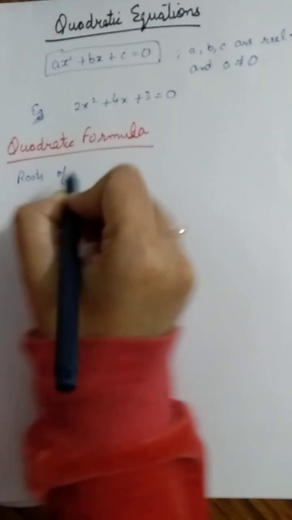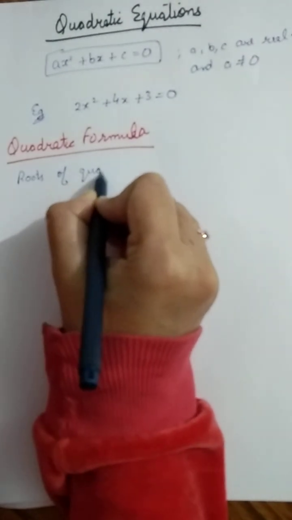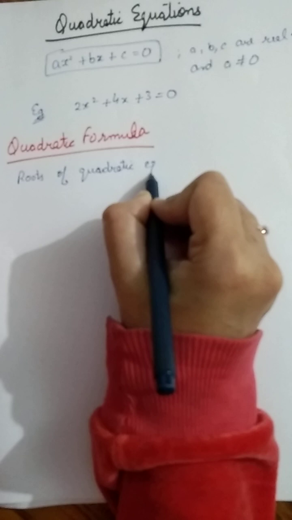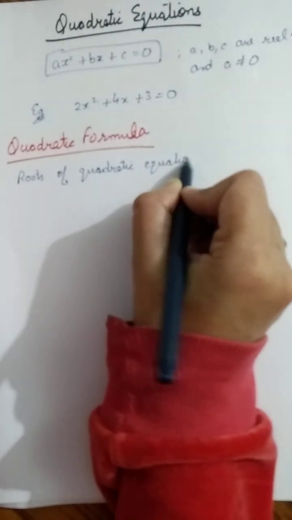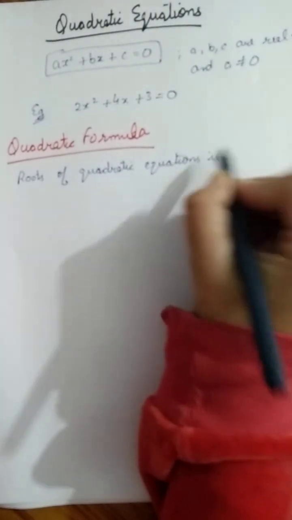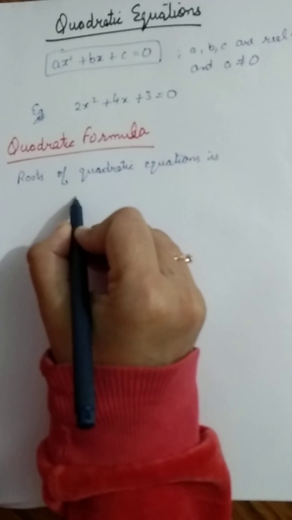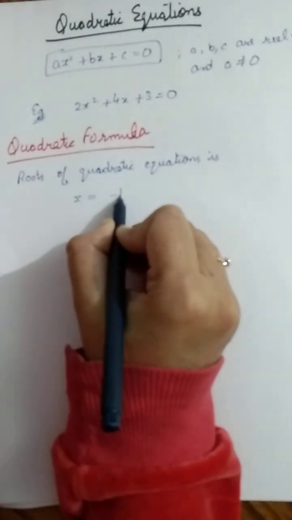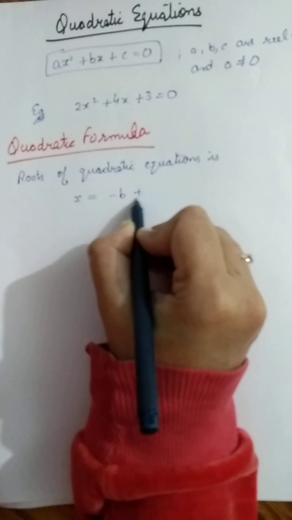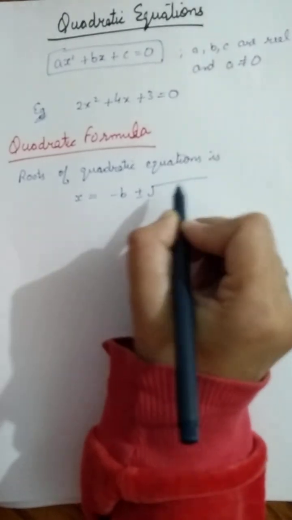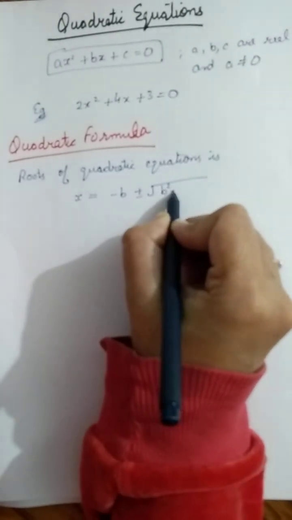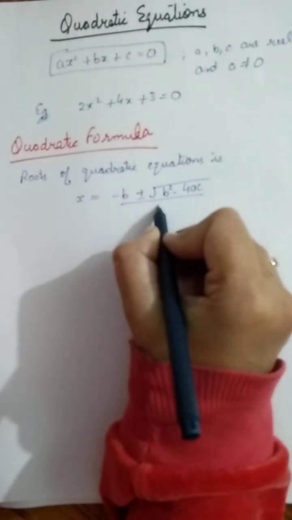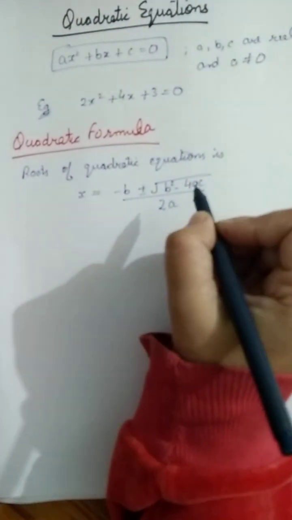the roots of the quadratic equation. The value of x is equal to minus b plus minus under root b square minus 4ac, over 2a.